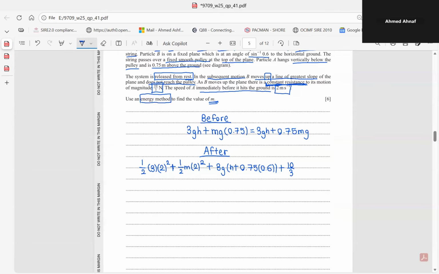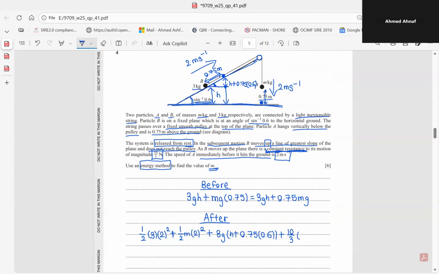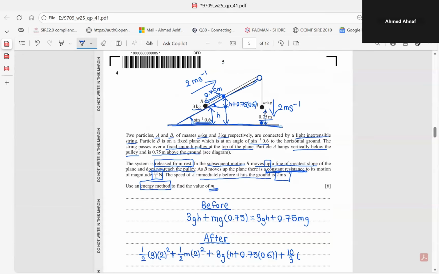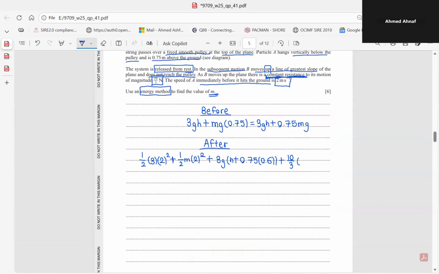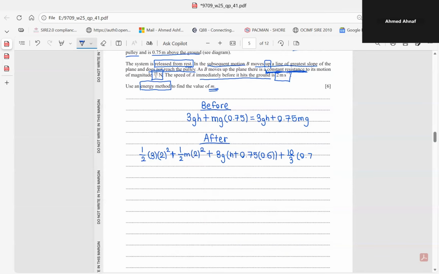The distance is that which B moved from when it was released from rest to here, which we've already found to be 0.75. This is all for the total energy after.